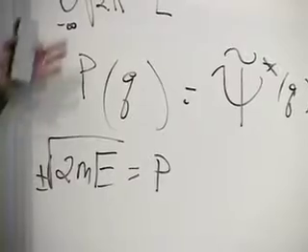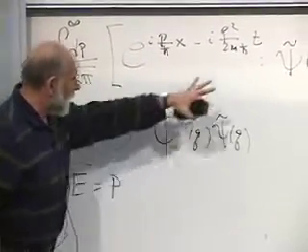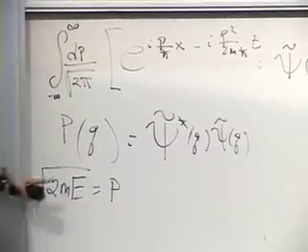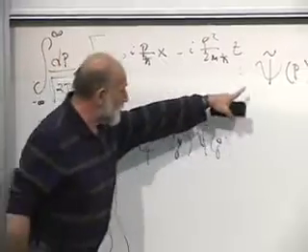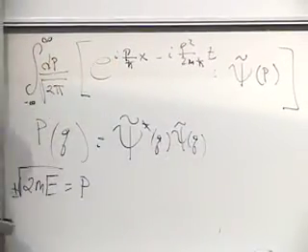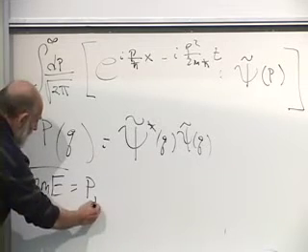So what I do is I look in this general wave function for the contributions which have a given energy. There will be two of them, and let's call these p plus minus.